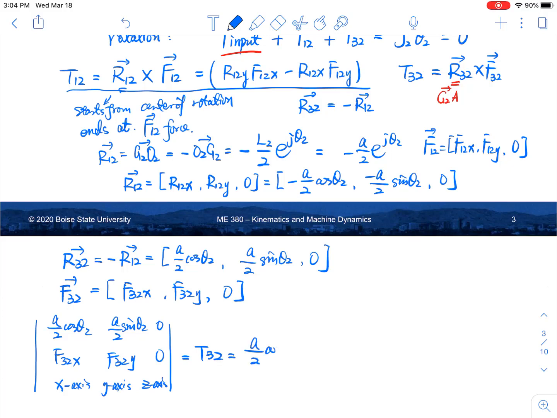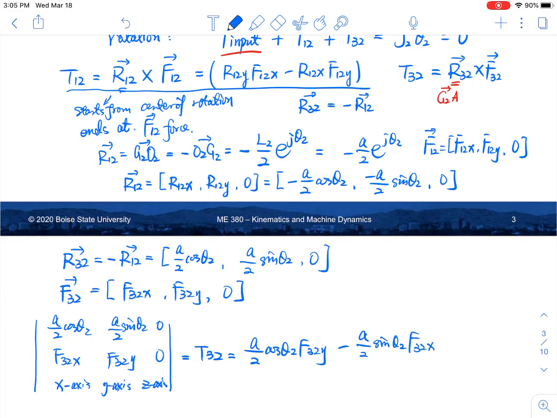And then you can easily copy and paste. It's half A cosine theta 2 F32y minus half A sine theta 2 F32x.